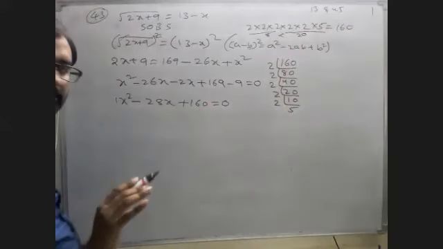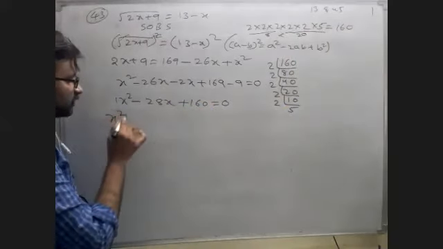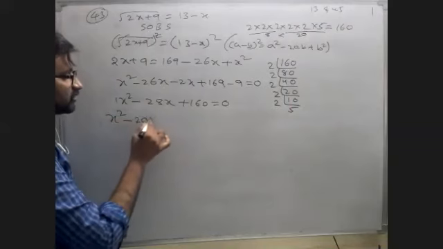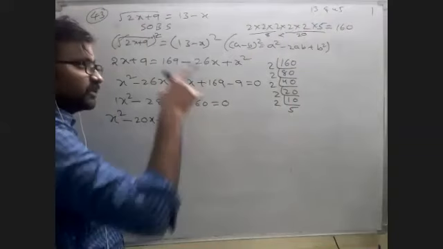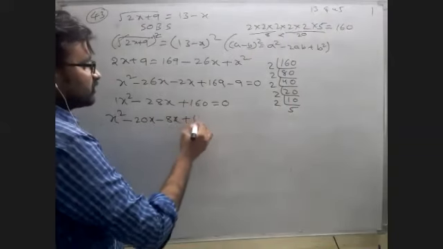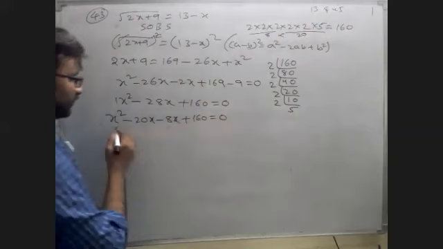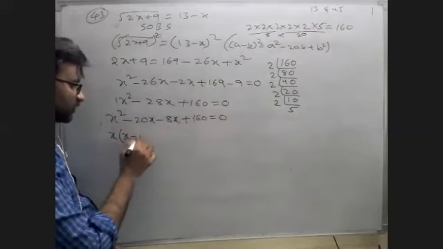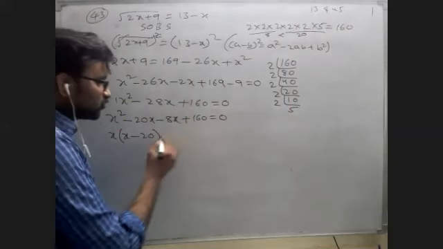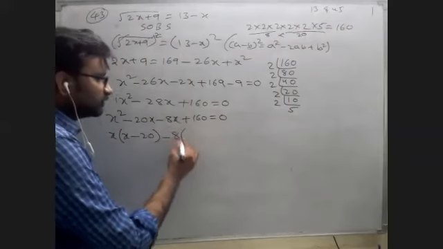We got now. Right, this is x square minus 20x minus 8x plus 160 is equal to 0, and we can take from these two common only x. Remaining one more x is there, minus 20 is there, and from these two we can take common minus 8.